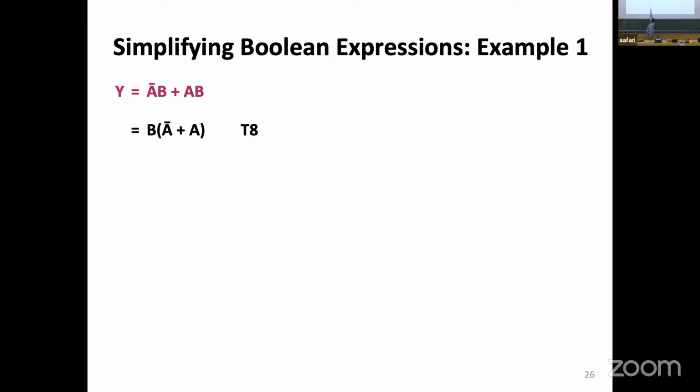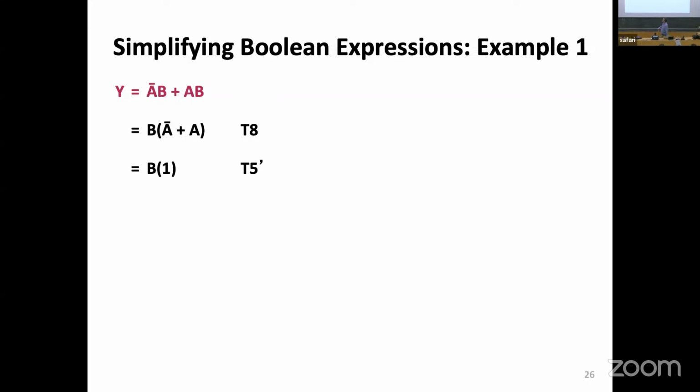So you can immediately go and check some of the theorems and say, there's B on both parts, so I can put this into B parentheses, which happens to be T8, which you can clearly see is this guy here, distributivity. Okay. That made life a little bit easier. And now you look at it, we have it in the B parentheses, not A plus A. You say, hey, I heard this somewhere.